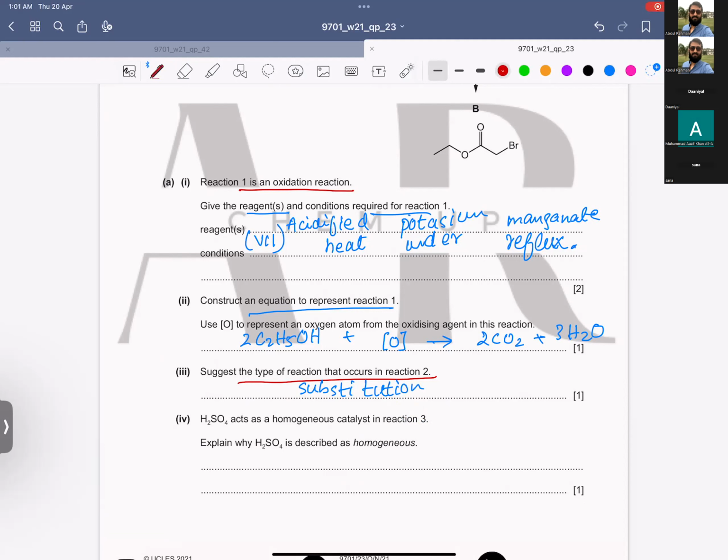Next part, sulfuric acid acts as a homogeneous catalyst in reaction 3. Explain why H2SO4 is described as a homogeneous catalyst.